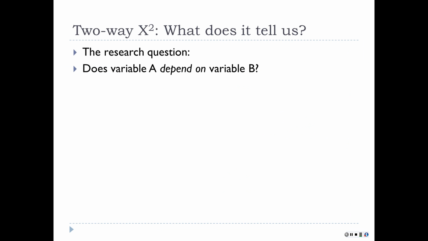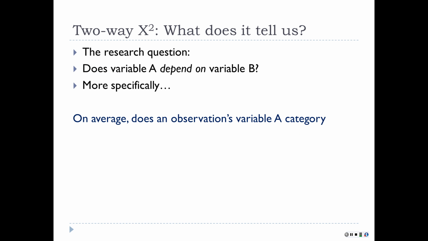So the research questions we ask are, does variable A depend on variable B? Or more specifically, we might say, on average, does your typical observation's category on variable A depend on that observation's category on variable B? Is there statistical dependence? You could rephrase it in statistical terms.